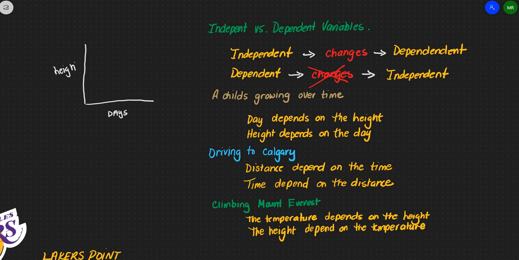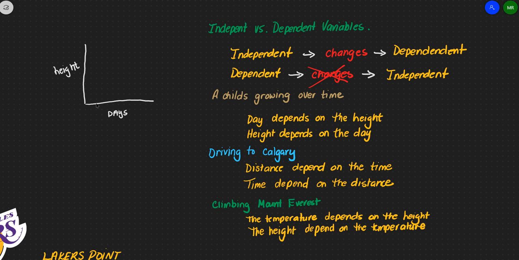These days and heights, those are considered variables, meaning that we can assign any value to them. But the idea is that one of these depends on the other one, but not vice versa.